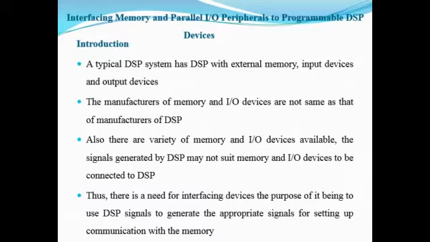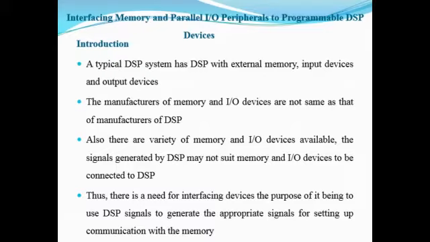Now, the signals generated by the DSP may not suit these peripherals. A memory or I/O device may not be easily connected to a DSP. So there is a requirement for a DSP signal which is appropriate for setting up communication with the memory. Whatever peripherals we consider have to be connected with the DSP device, but the DSP signals may not be appropriate for interfacing.